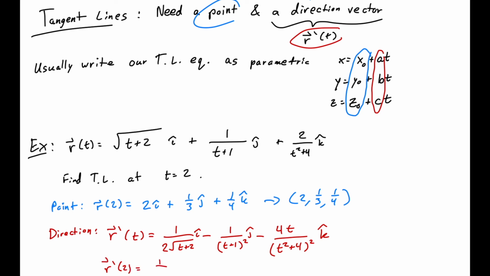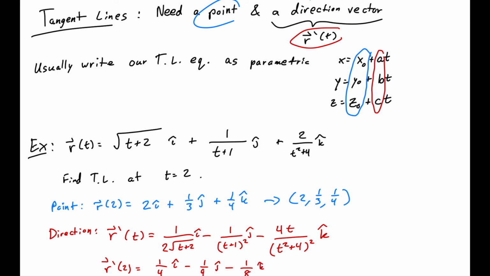I'm getting 1/4 in the i component. Pause the video if you don't want other spoilers. I think this is not the hard part, though. Minus 1/9 in the j component. Minus 1/8 in the k component.